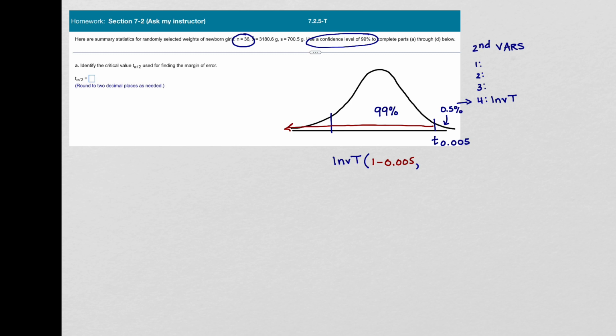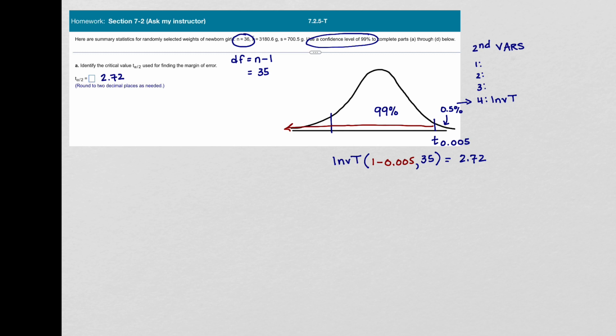So I'm going to say my degrees of freedom is n minus 1, and that's going to be 35. So I put a 35 in there. And then when I get my result, I get 2.72. So that's my critical value by using the calculator and rounding to 2 decimal places.